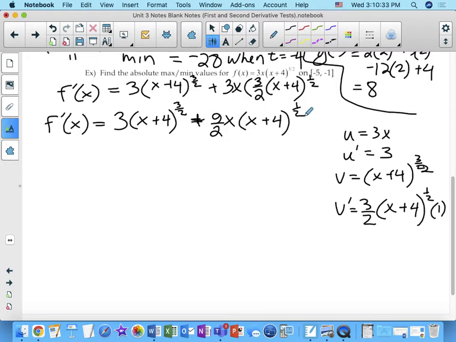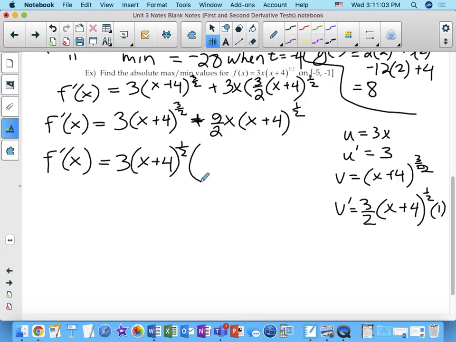So I think what I'm going to try and do here is factor out (x + 4)^(1/2), because that's common to both, okay? And actually, I can factor out a 3 as well, times, this is going to be just x + 4.